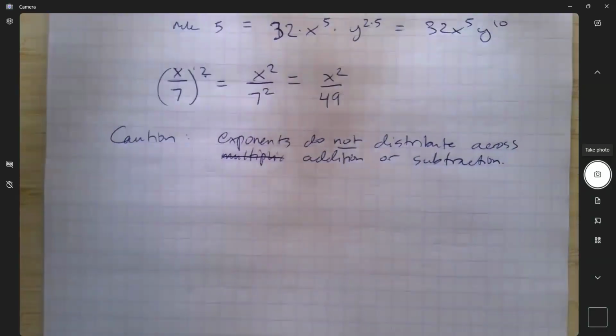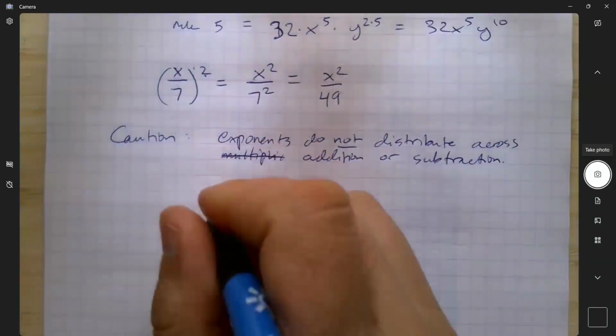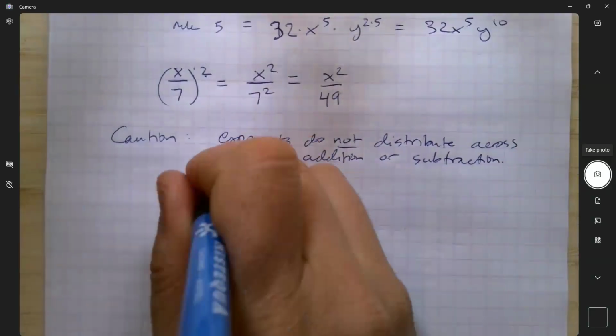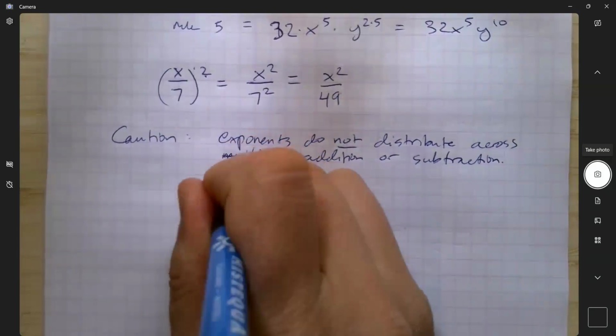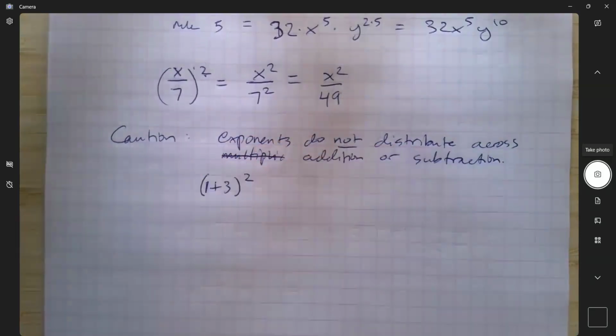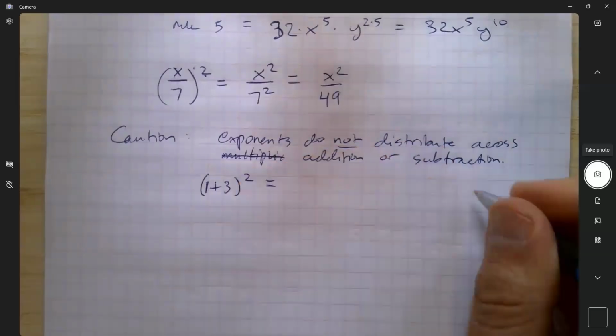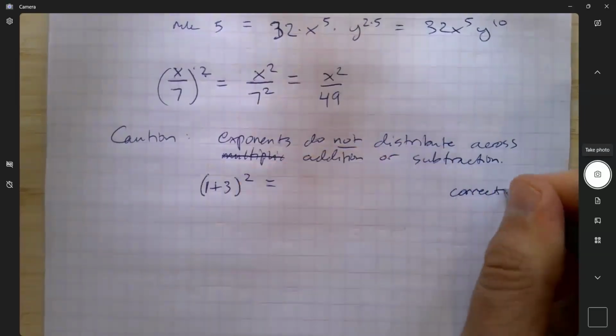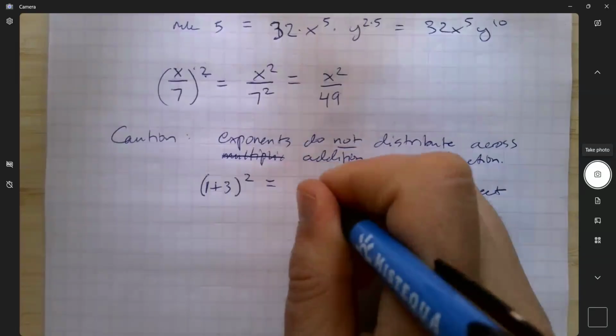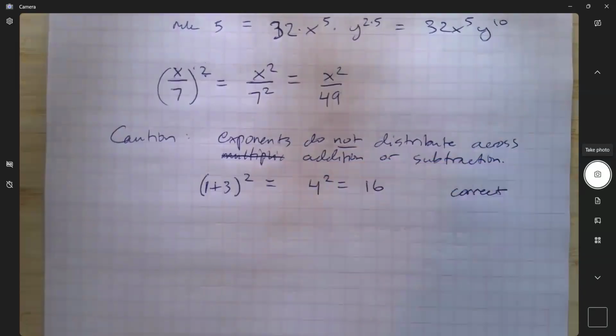So the easiest way to show you that is just to give you a nice simple example. Let's do 1 plus 3, and we're going to square it. Now, according to PEMDAS, which is correct, I'll do the 1 plus 3 first, which is 4 squared, which is 16.